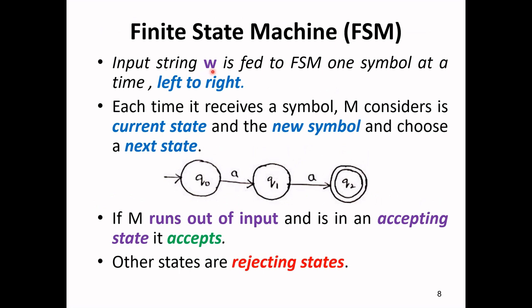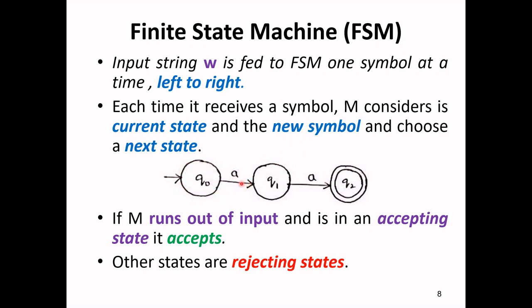Input string is fed to the finite state machine one symbol at a time from left to right. Each time it receives a symbol, considering the current state and the new symbol, it goes to the next state. For example, current state is Q0.